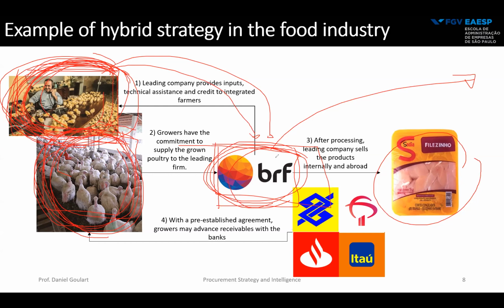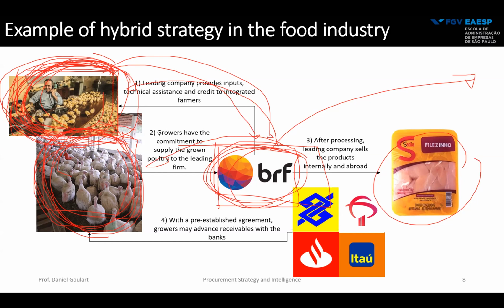Okay. And when I say BRF provides credit, or Apple provides credit to the supplier, look, this is not a credit contract in the broader sense of the word. It's not a credit contract like the bank does with an individual or a firm. This money flows from BRF to the suppliers, or from Apple to the suppliers, in the format of advanced payments.